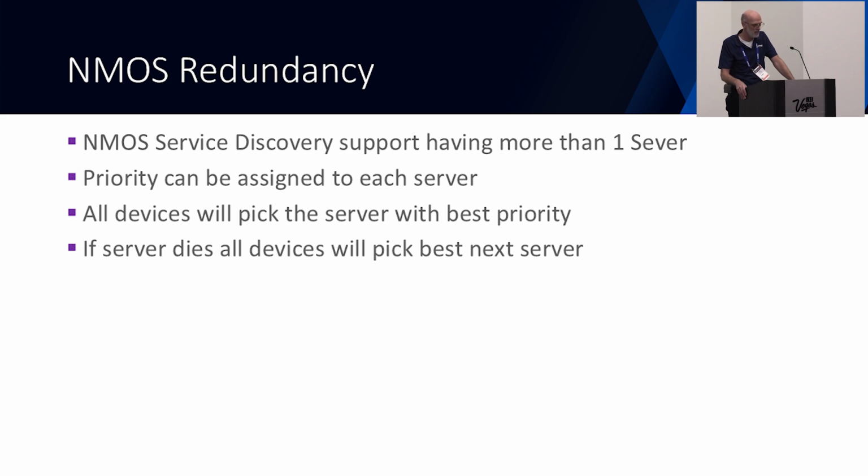When the devices look for the registration service, they will get the priority associated with each server. And the way the spec works is we pick the one with the highest priority, we attach to it, and if ever that service dies for any reason, we go to the next server priority. All the devices will react exactly the same way. They will all transition to the other server. And that's the concept of that backup.